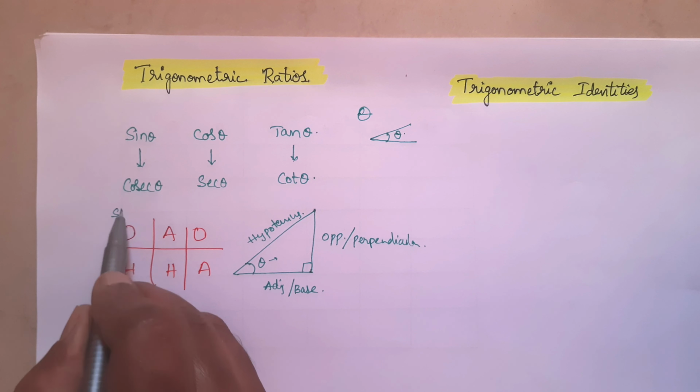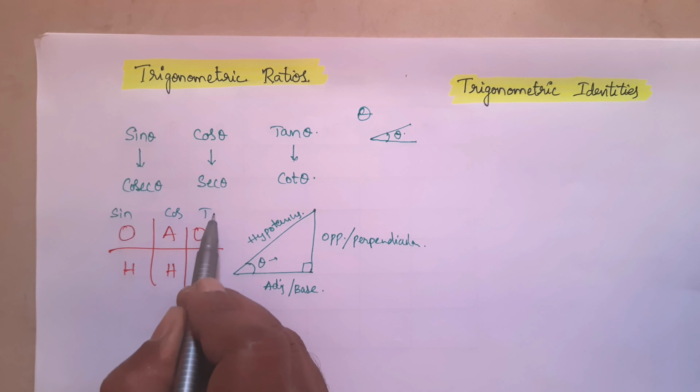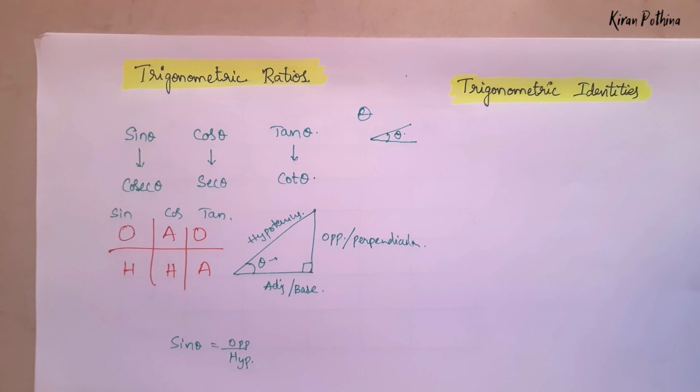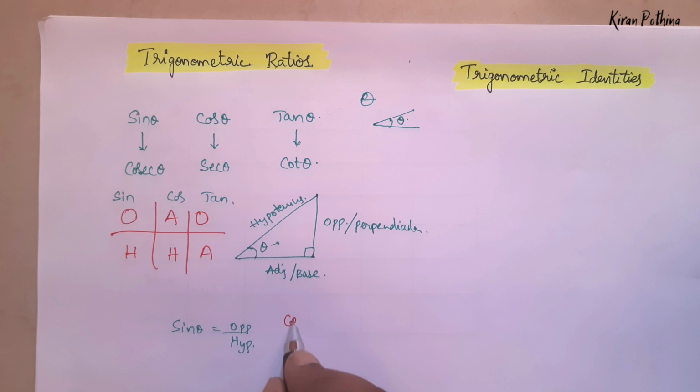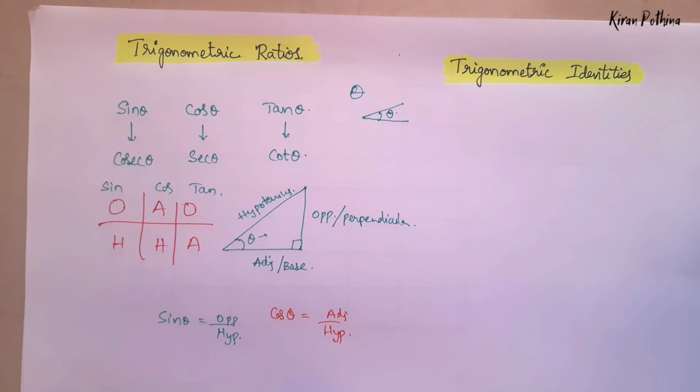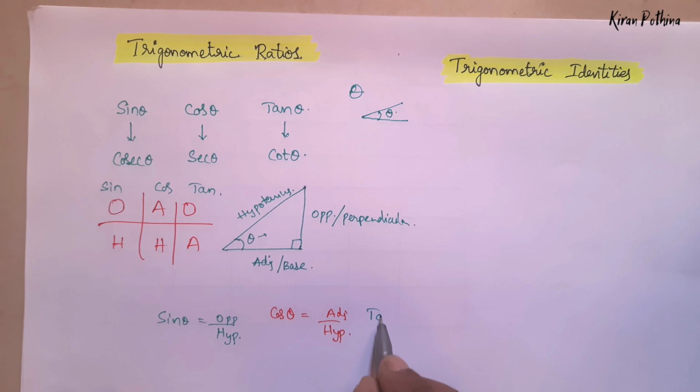Sine theta is O by H, where O represents opposite and H represents hypotenuse. Clear? Next, cos theta is A by H, where A represents adjacent and H represents hypotenuse. And then tan theta is O by A, opposite by adjacent.